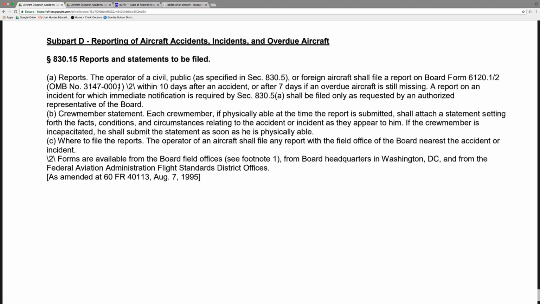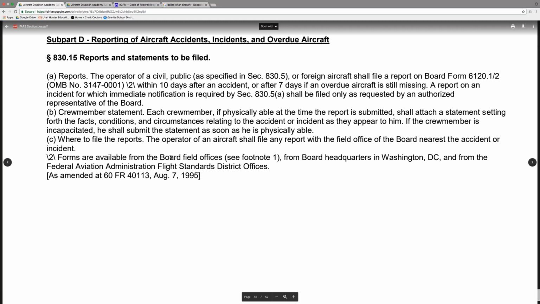The NTSB will probably be there as well, but we're not required to submit our report until that time period. So they'll probably be involved in everything, starting their investigation, but that doesn't mean that we have to report it immediately. It just allows us 7 days to kind of get our heads back on and put the report together.